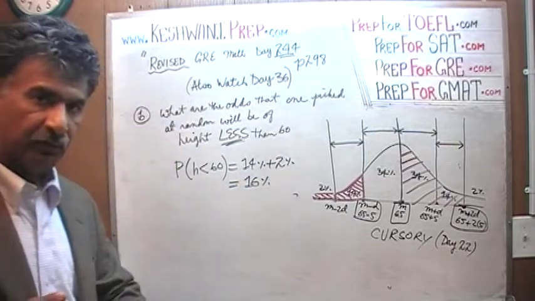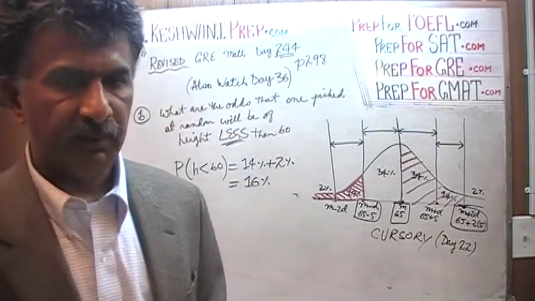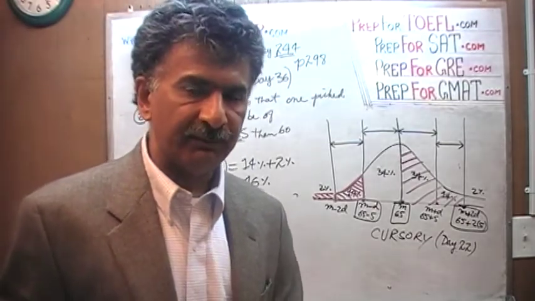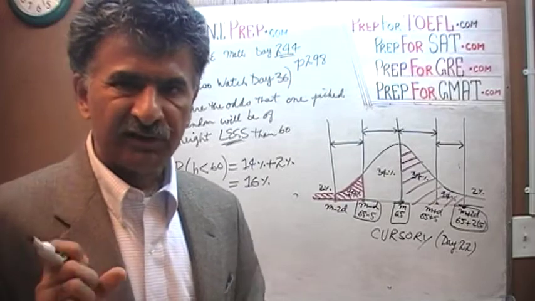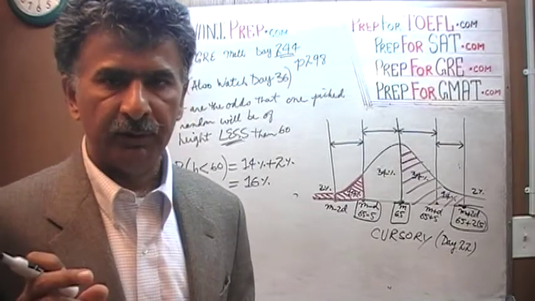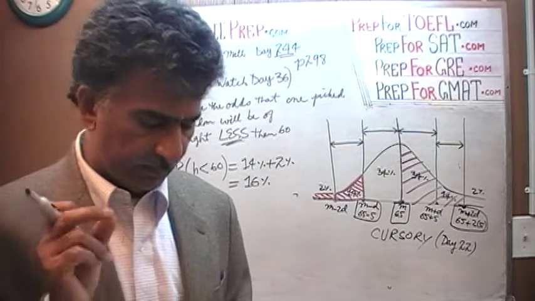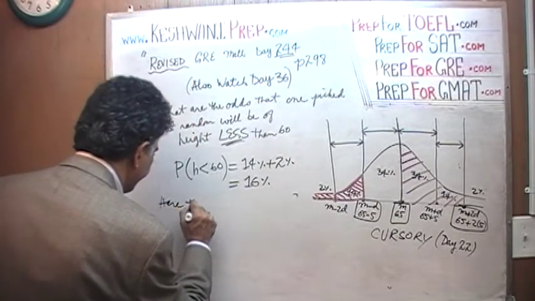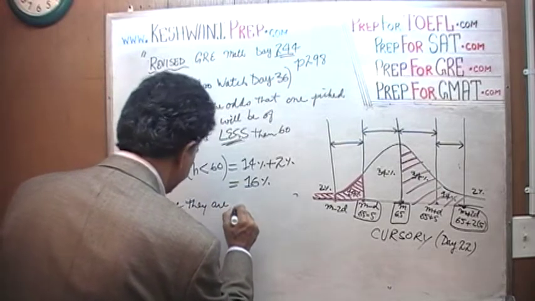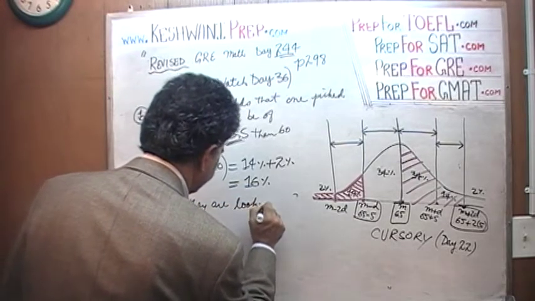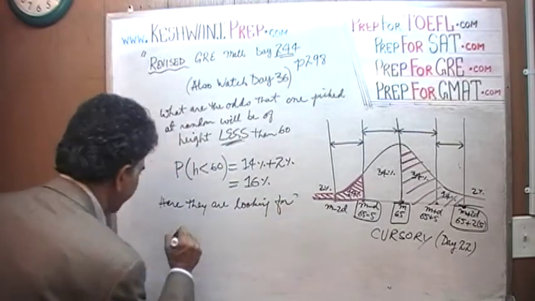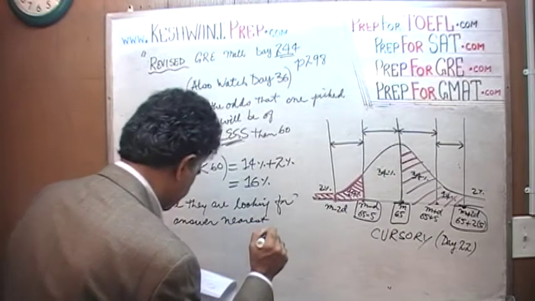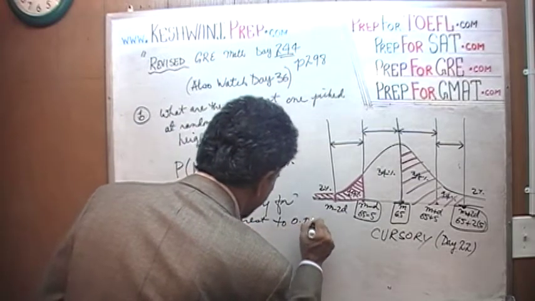But that's not the end of it. You have to be very careful in this new format of the exam, the revised GRE, because nowadays in the new exam they tell you to round it to some weird thing. They will tell you to round it to the nearest fifth, or the nearest 100, or the nearest this, nearest that. Here they are looking for the answer nearest to 0.05, which is very weird.